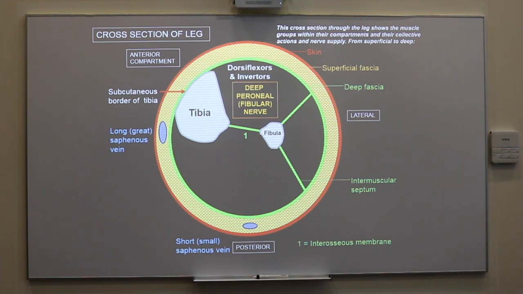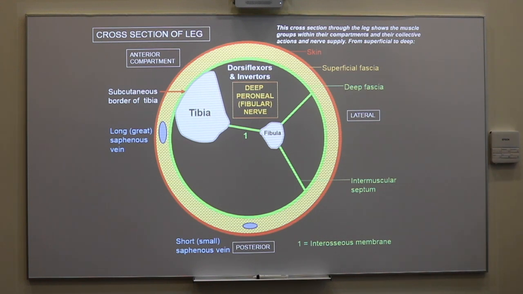The 3 muscles in the superficial compartment include gastrocnemius, plantaris, and soleus. These are powerful plantar flexors of the ankle. So they have one function, which is plantar flexion of the ankle joint.